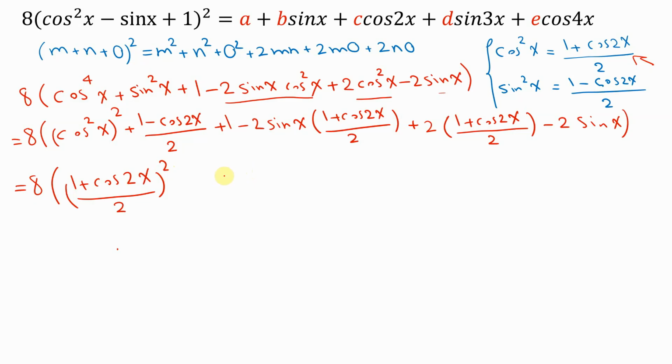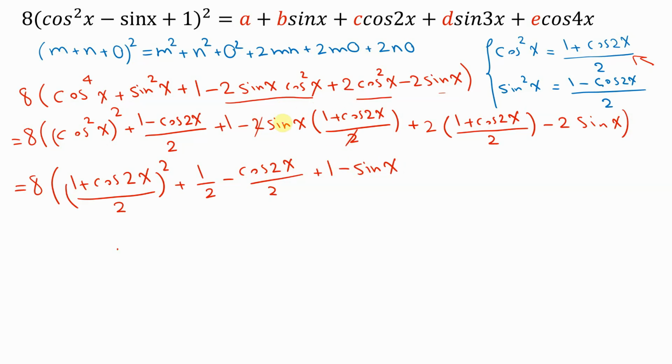Most of the rest could be the same, but with a little change. Here we have 1 divided by 2 minus cosine of 2x divided by 2 plus 1. These 2 with these 2 are crossed out, and we are left with minus sinusoid of x times 1.